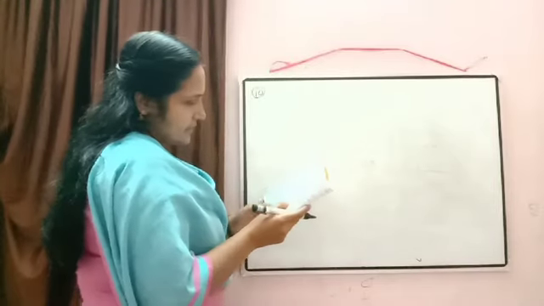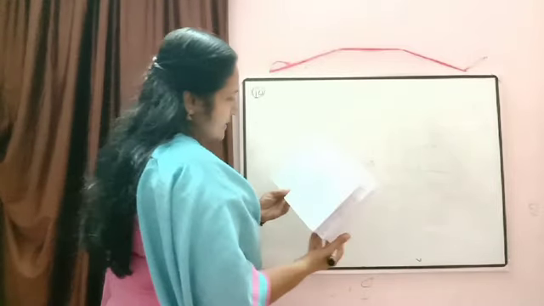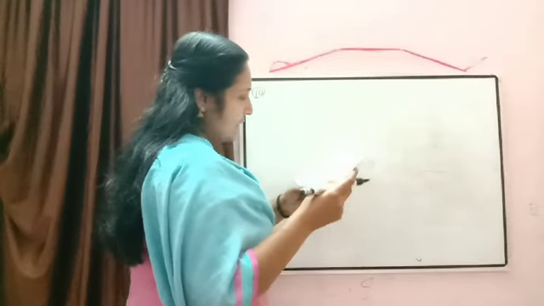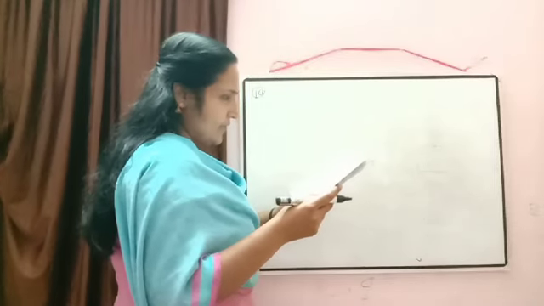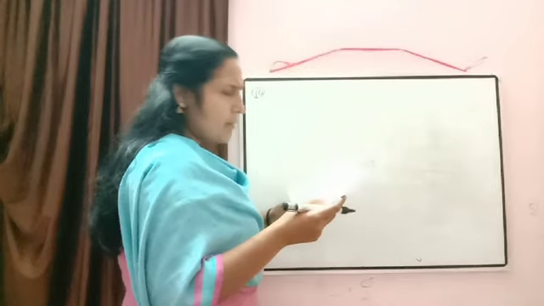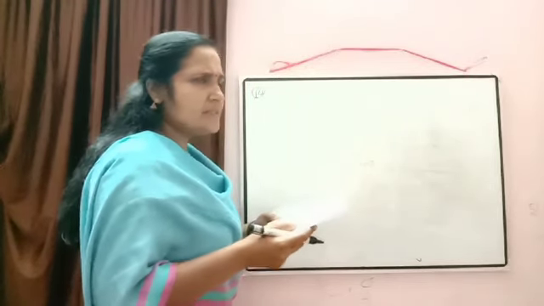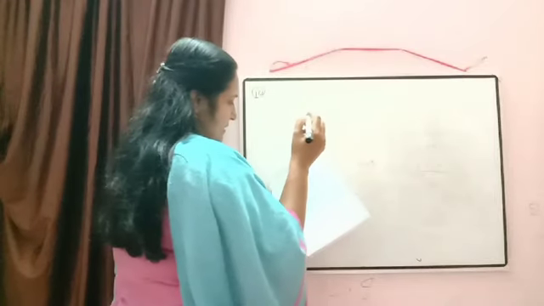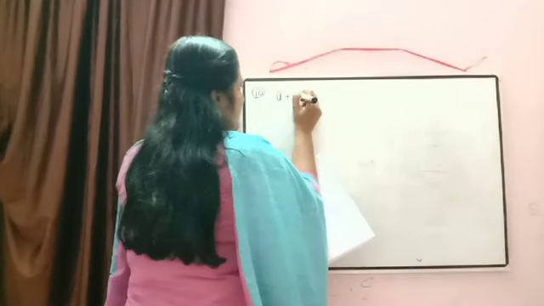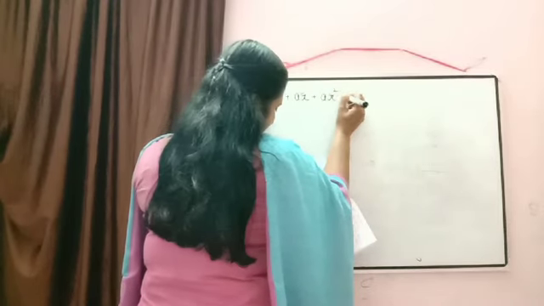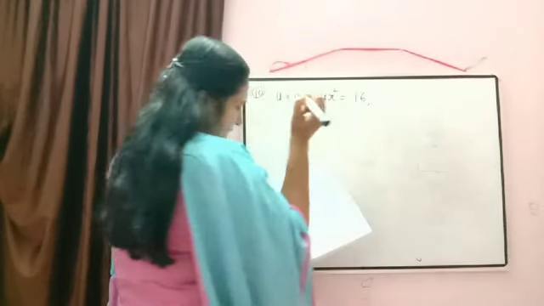Now in this question it is written, sum of first three terms of a GP is 16 and sum of next three terms is 128. In this one, common ratio or their product is not given. So we can write the terms simply. Sum of first three terms: A, second term AR, third term AR² is equal to 16.